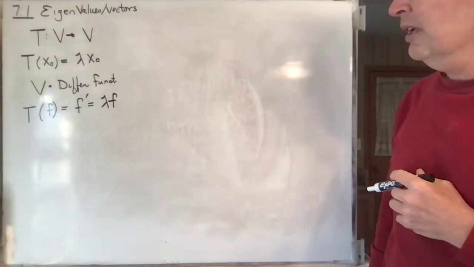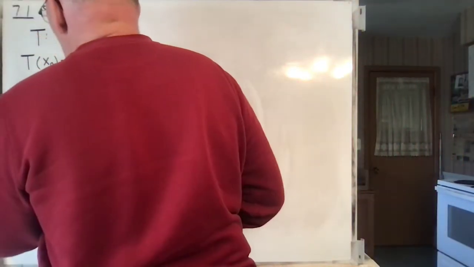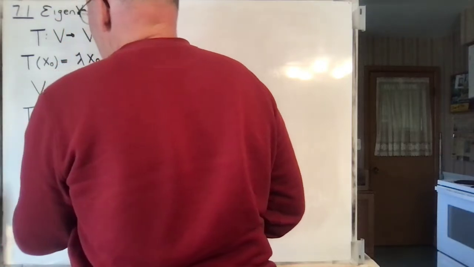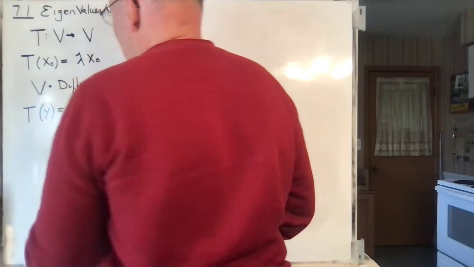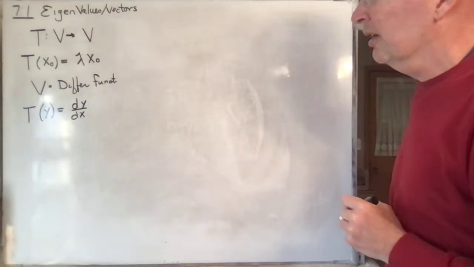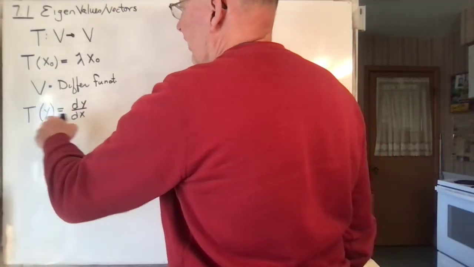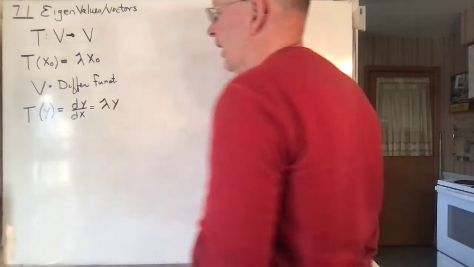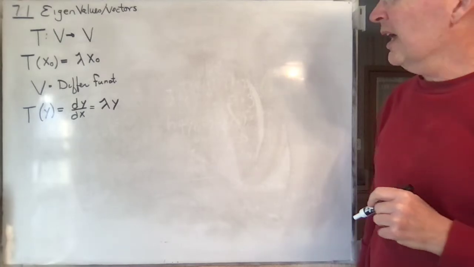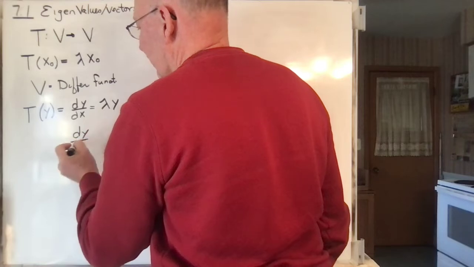If I were to write it as the function y instead of f, then it might look a little more familiar to you. T takes the derivative, and if that is equal to lambda times y, then what kind of function does y have to be? This is something that you know how to solve, hopefully.